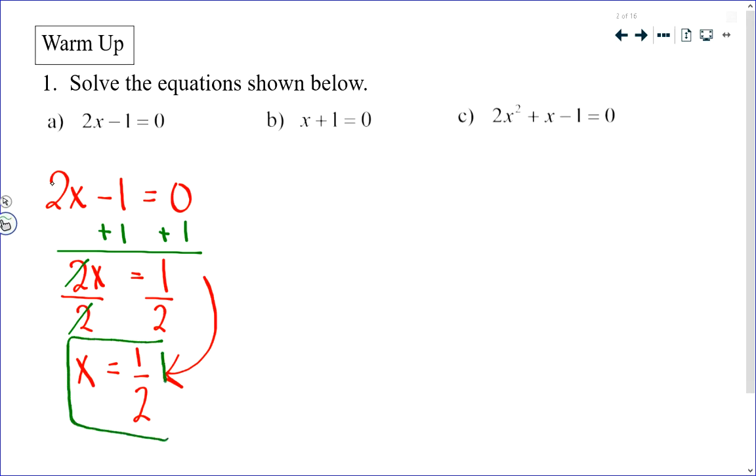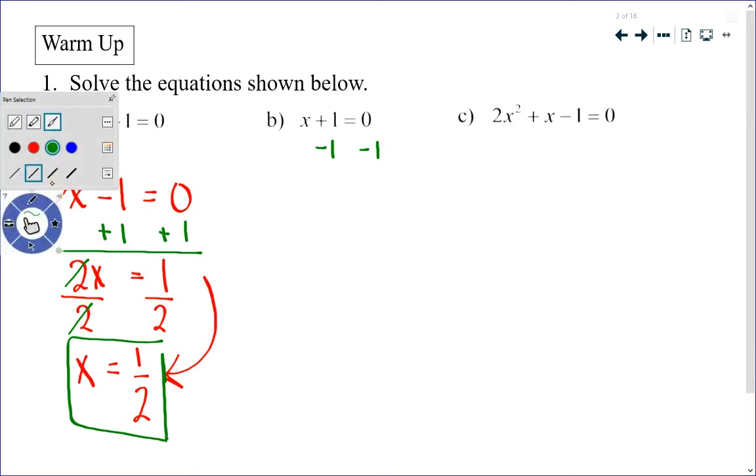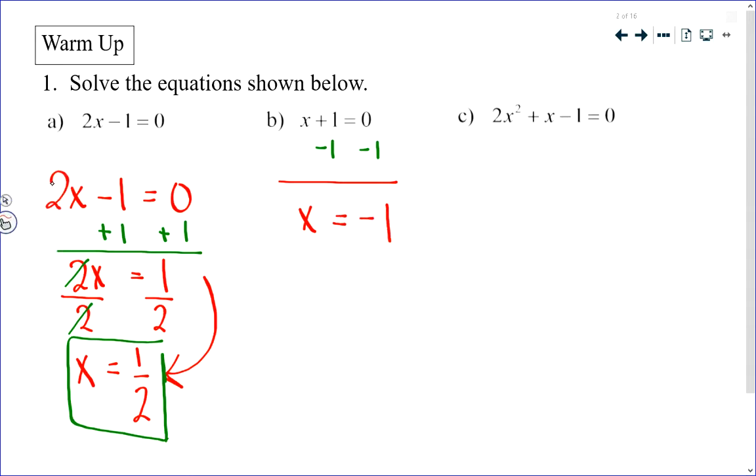When we take a look at the middle equation, which is b, it's even simpler. All you need to do here is subtract 1 from both sides. And you know what? This is so simple, in fact, I'm not even sure you would need to write that you're subtracting 1 from both sides, even on a diploma exam.